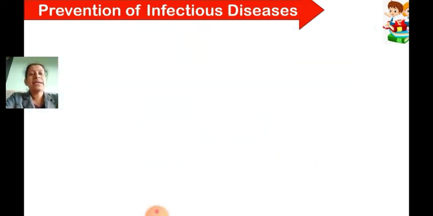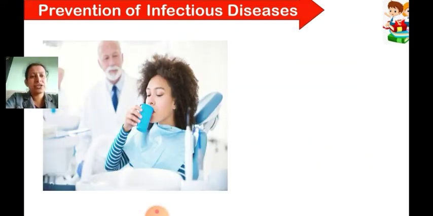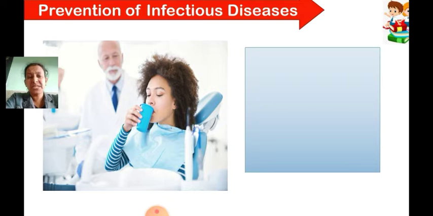Or what else can be done with such patients? If they are spitting, especially tuberculosis patients, they need to throw the spittle out. Spittle means the spit. How can they throw it out? They cannot simply throw it out anywhere in public places.